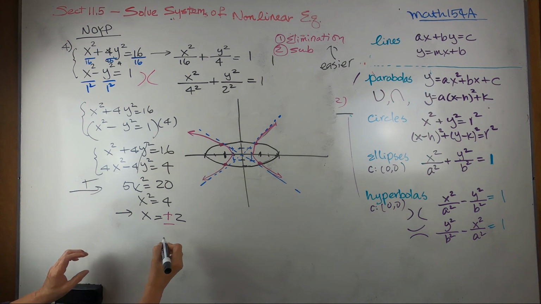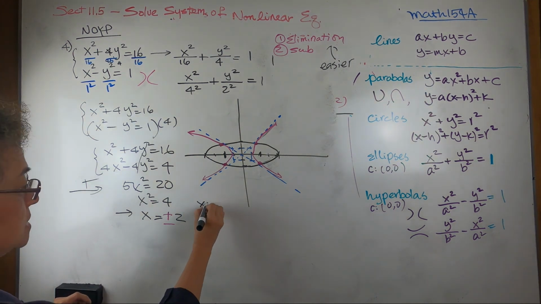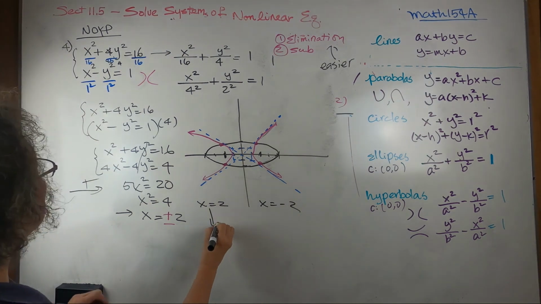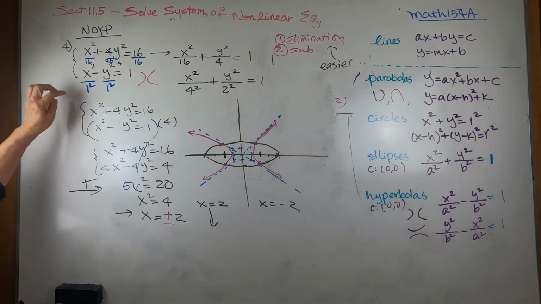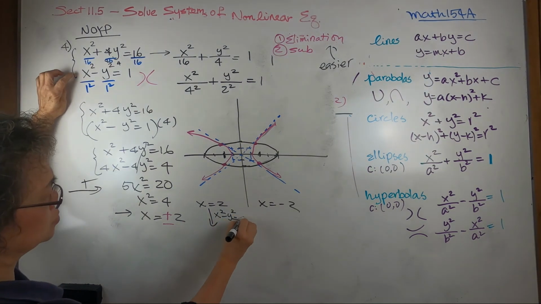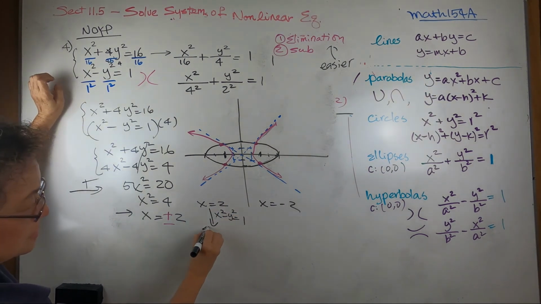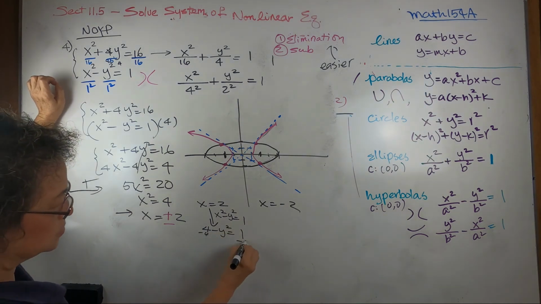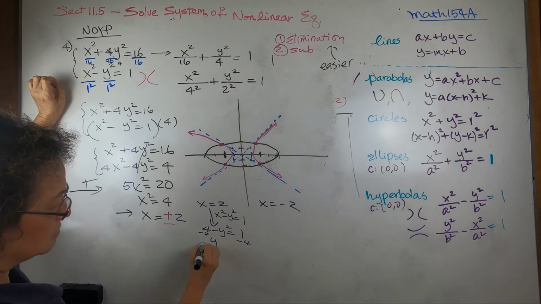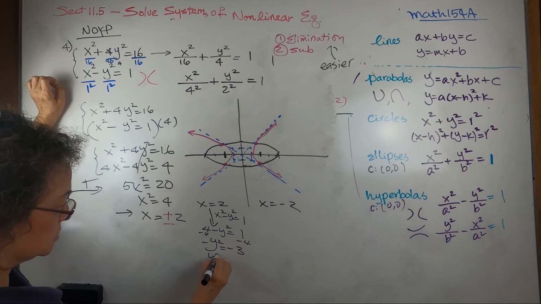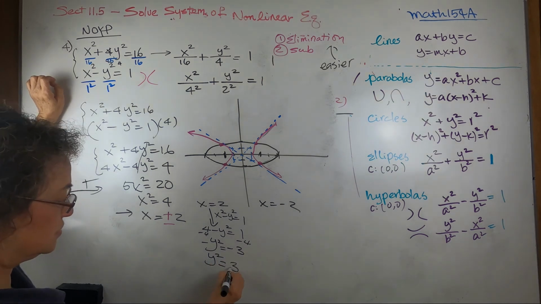So when x is 2 or x is minus 2, we can plug in anywhere. So if I plug in the second one, x squared minus y squared equals 1. X squared is 4. 4 minus y squared equals 1. Minus 4 on both sides. Negative y squared is what? Negative 3. So y squared is 3.